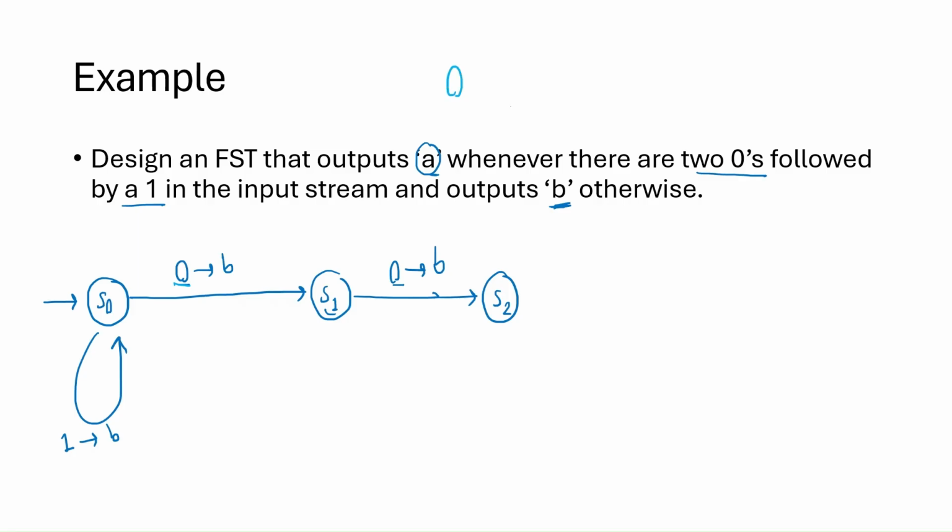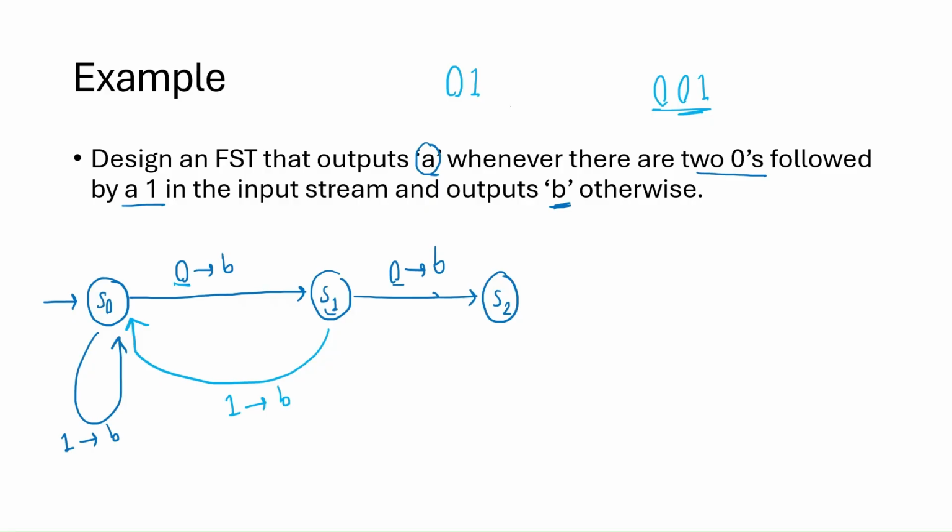Then I see a 1, and that doesn't help me see 0, 0, 1 anymore. I have to start over. So starting over means transitioning back here. So with a 1, I transition back to the initial state, which means I start over. And that's not the pattern that I'm looking for, which is 0, 0, 1. So I output a B.